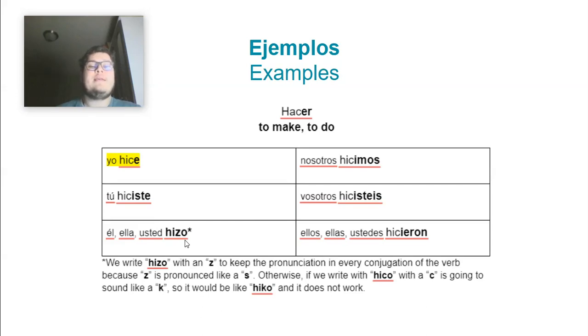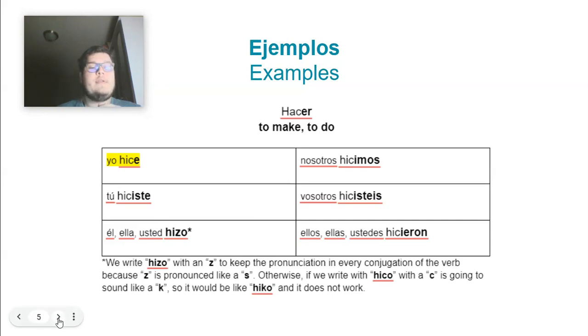Because the Z or the S are pronounced the same in Spanish. So we say hizo, él, ella, usted hizo. So because of that, it is the change of this conjugation because we want to pronounce the conjugation like an S. And because of that, we use the letter Z.